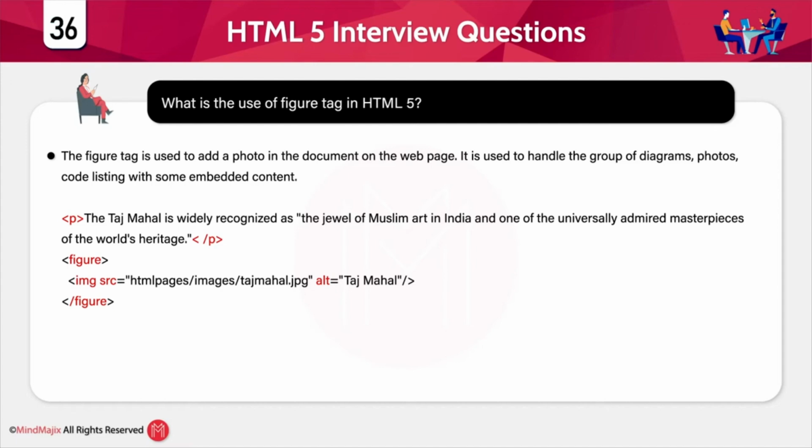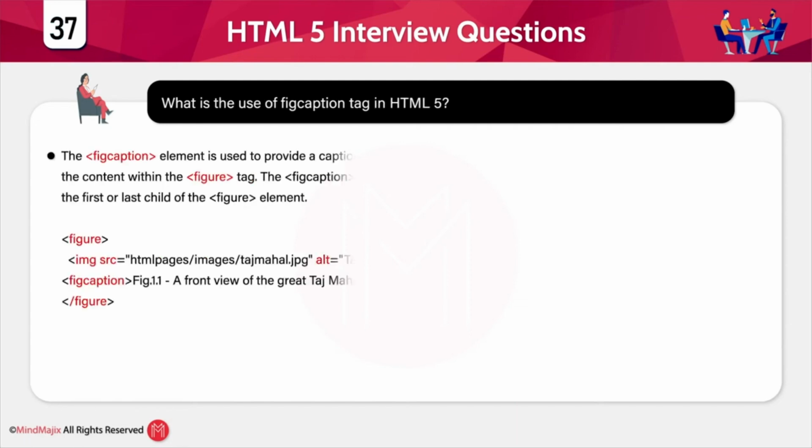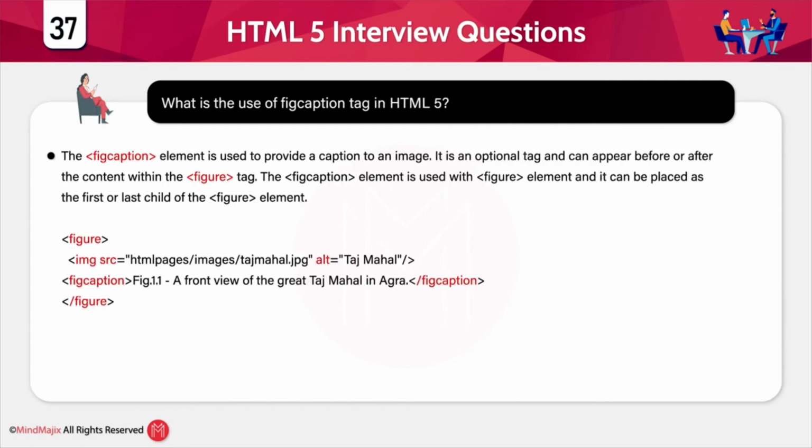What's the use of figcaption? The figcaption tag in HTML5 is used to provide a caption for an image. Just as the caption tag is used for a table to describe its purpose, in the same way figcaption is used to provide a caption to an image.